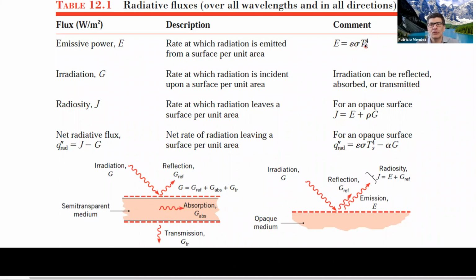We are used to T to the 4 minus some other T to the 4. In this case, we're talking only about what's coming out. We're going to see later, but on Friday, what happens with the energy that comes in. But you already get the sense that one of the T to the fourth is the energy that goes out, and the other T to the fourth is the energy coming in. Right now, for the emissive power, this is energy going out, and this is the expression.